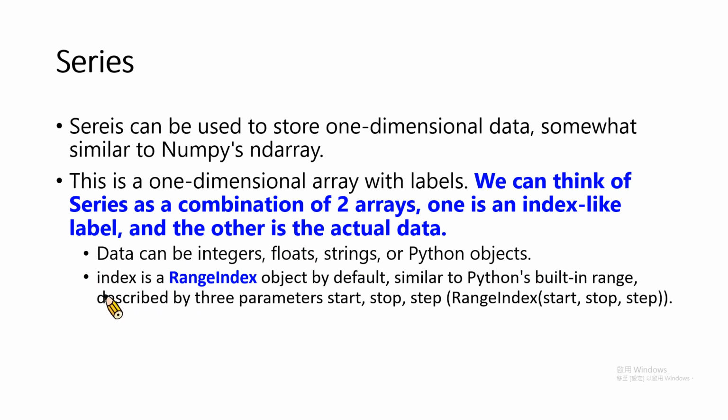Basically, the index is a range index object. The range index is like range in Python, right? The range index can be described by start, end, and step, these three values.